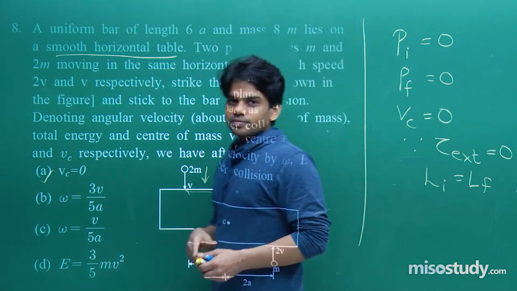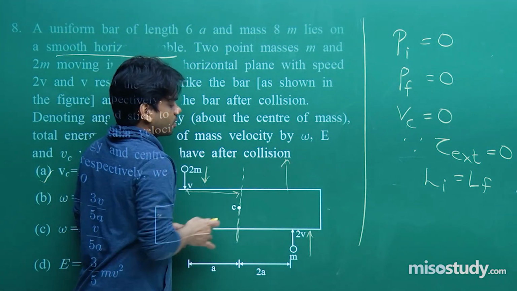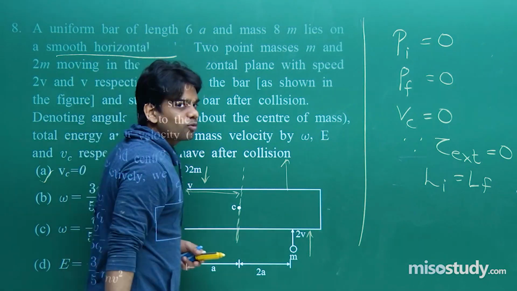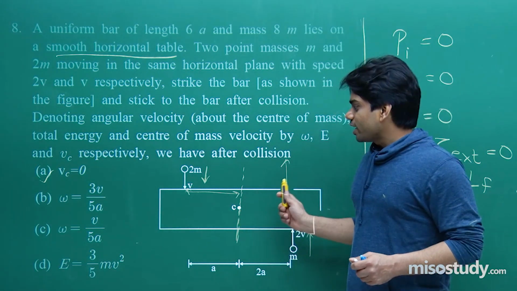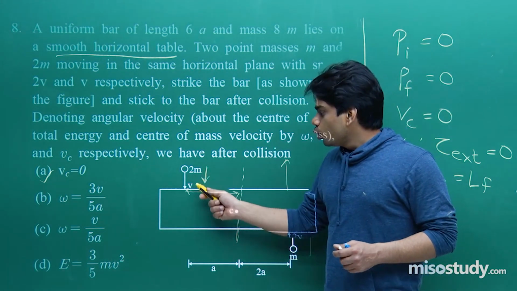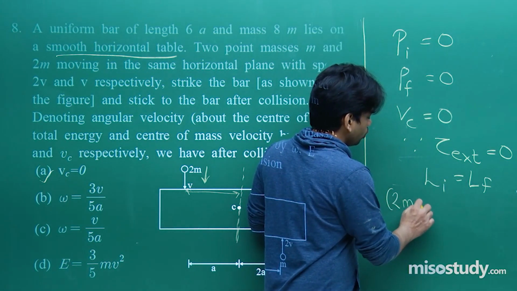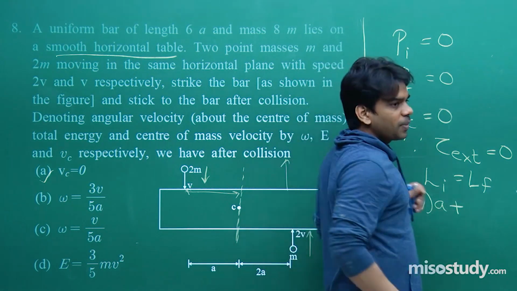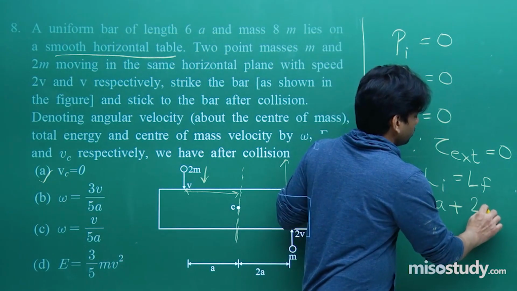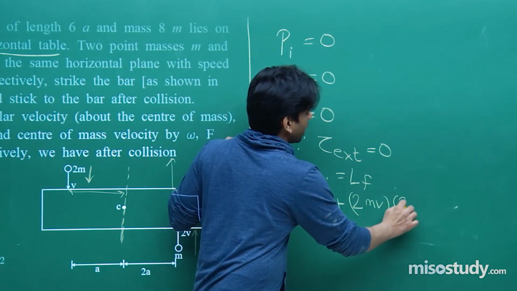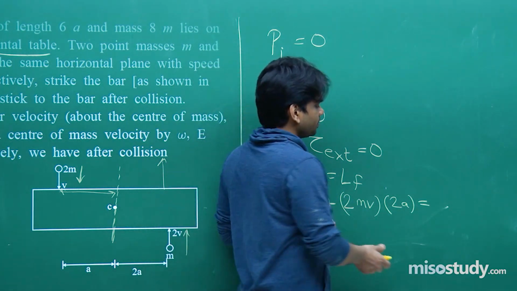In this case, for this mass 2m with velocity v, the linear momentum is here, r is here, r cross p, and again the angular momentum direction is outside. Both directions are pointing outside, so we can simply add them. 2m into v multiplied by distance a, plus 2m into v multiplied by distance 2a, is equal to the moment of inertia I into omega.